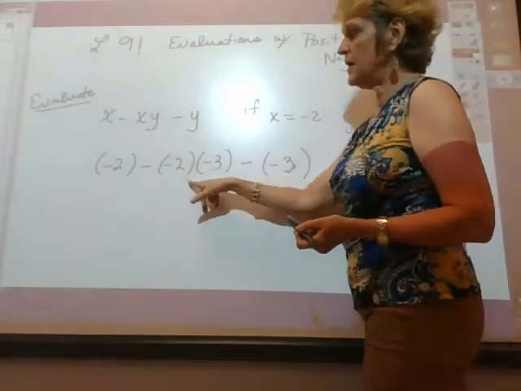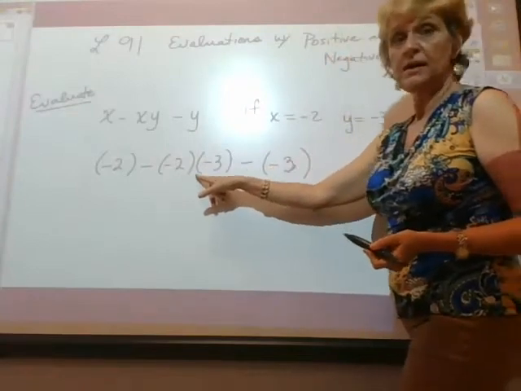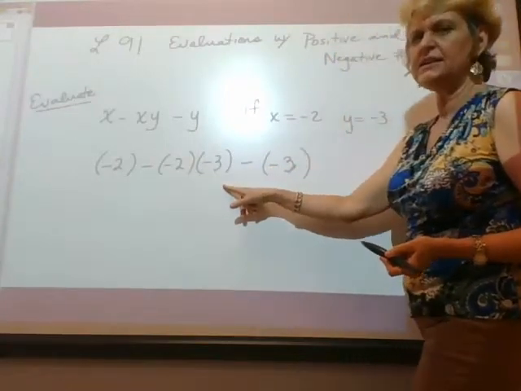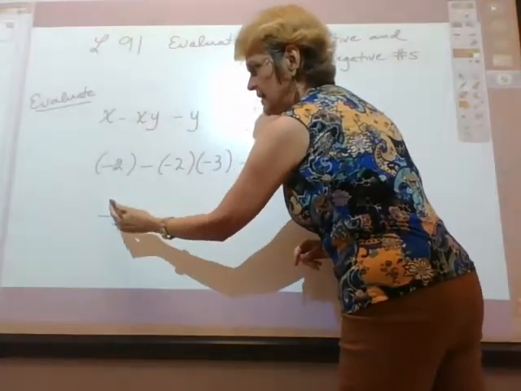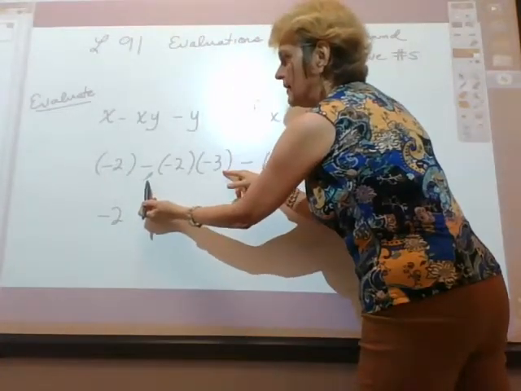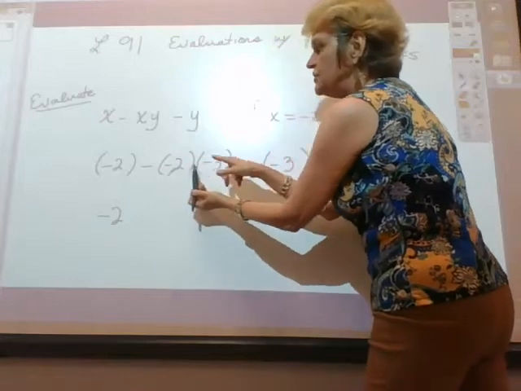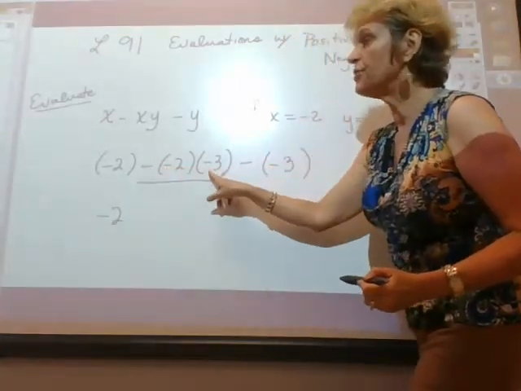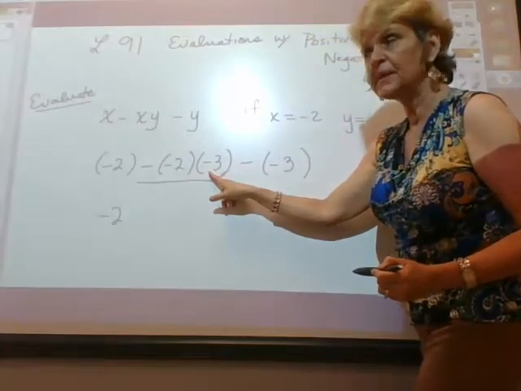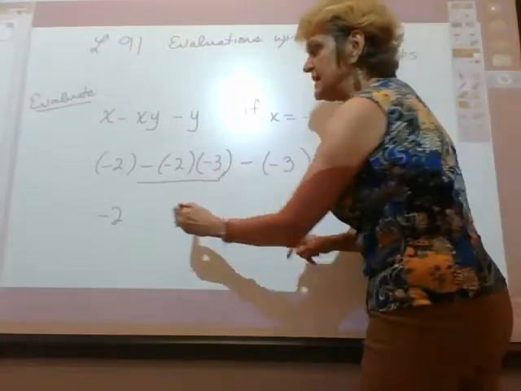So do you guys see right here that this is a product, right? All these things that are standing next to each other. Okay, so I have this -2 right here, but then I have the opposite of -2 times -3. So do y'all see there's 1, 2, 3 negatives here? So 2 times 3 would be 6.